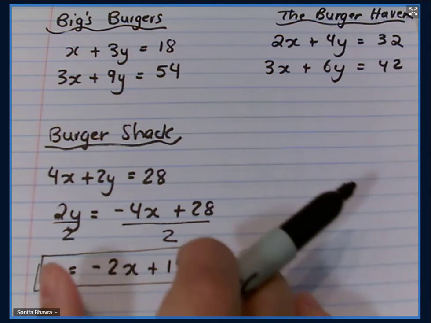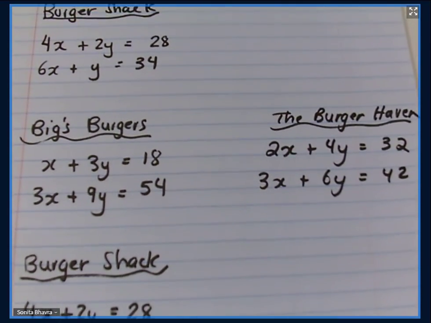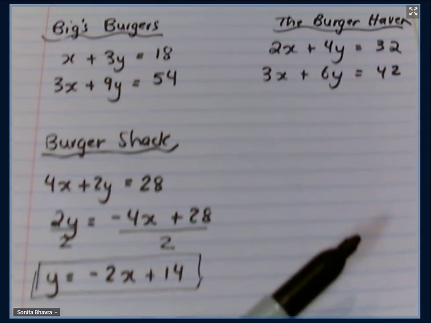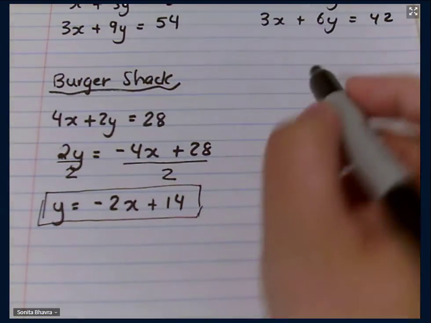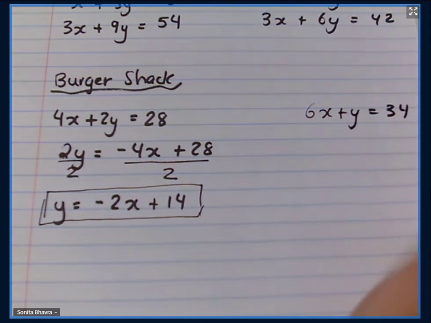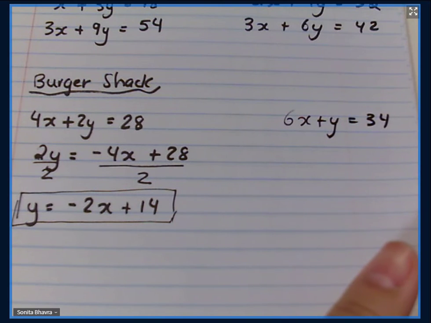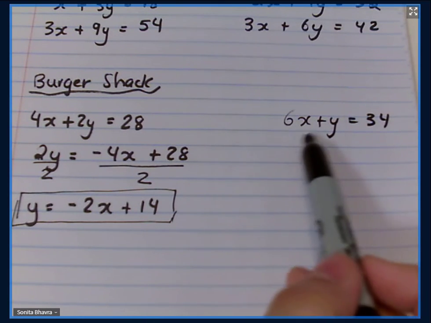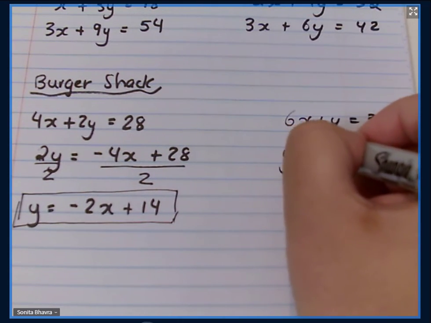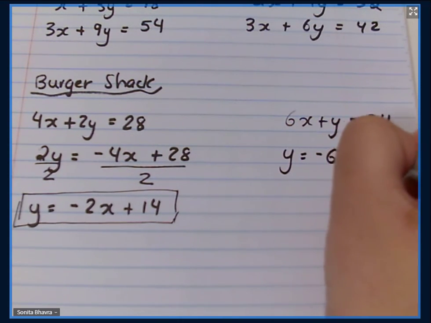Our second equation from Burger Shack was 6x plus y equals 34. I'm just going to put that into y equals form as well. That one's easy. We just have to subtract the 6x over to this side. So y equals negative 6x plus 34.